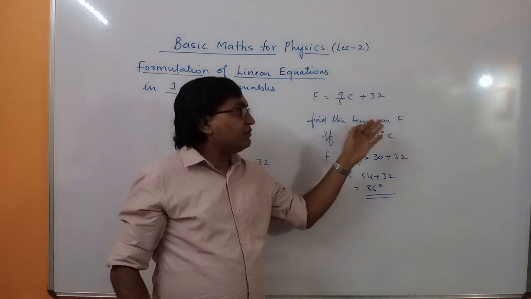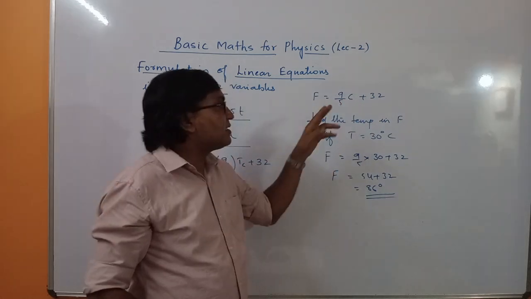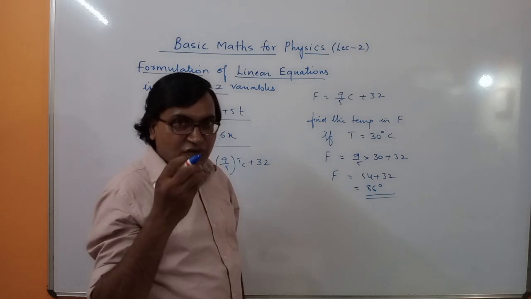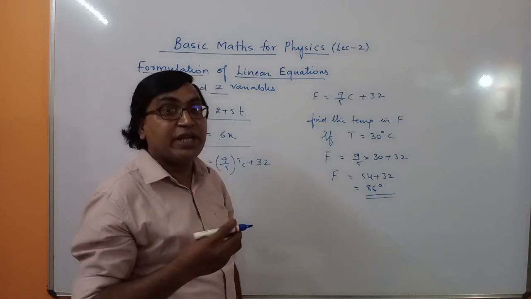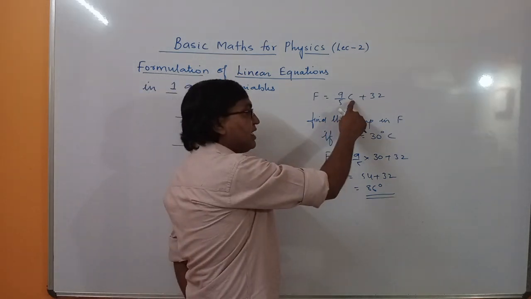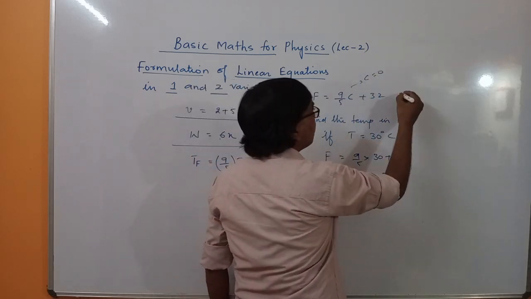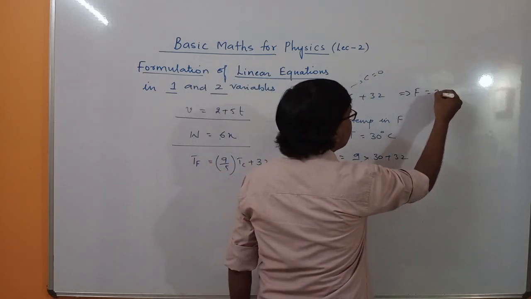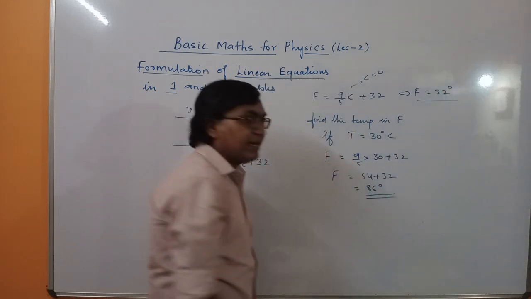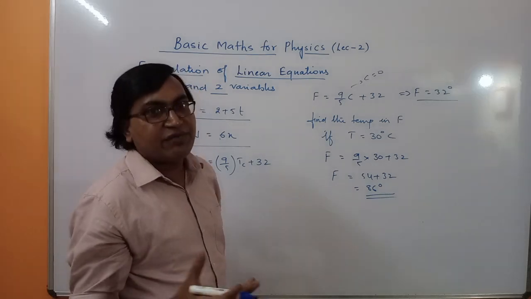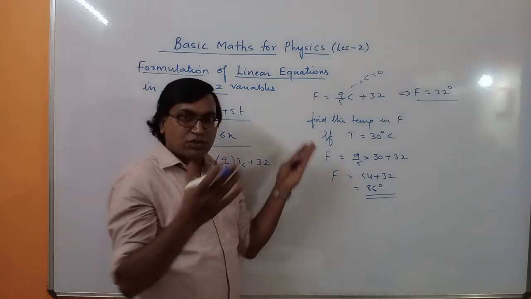Because this is a relation. If you have 0 degrees Celsius, then in Fahrenheit how much? 0 degrees Celsius on Fahrenheit is 32 degrees. If C is 0, then on Fahrenheit scale it is 32 degrees Fahrenheit.